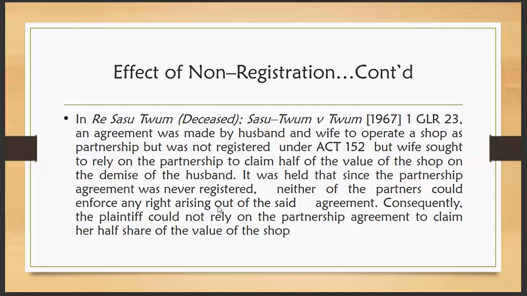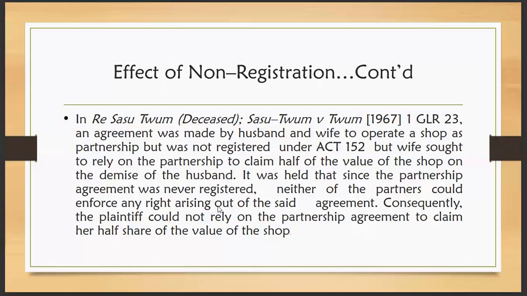So if you look at the case of In re Sasutrim, an agreement was made by the husband and wife to operate a shop as a partnership, but it was not registered under the registration framework of Act 152. Now, the wife sought to rely on the partnership to claim half of the value of the shop on the death of the husband.